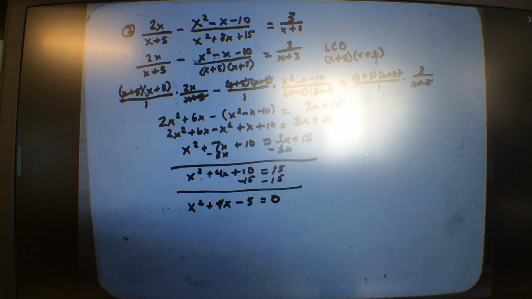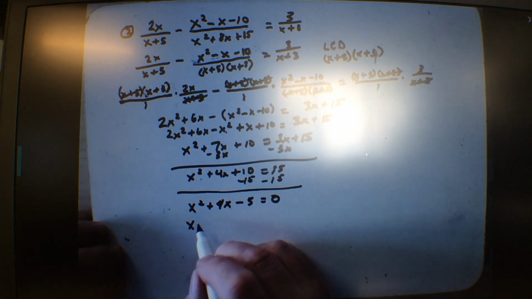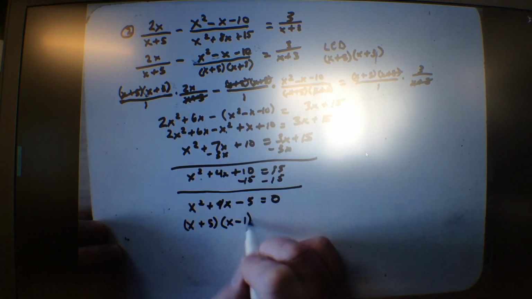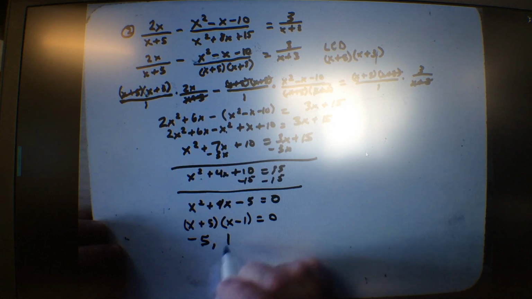And I want to try to factor this. Now you told me at the beginning, or no, I guess I didn't ask on this one, what are the two values you cannot use? Negative 5 and a negative 3. Okay, so let's factor this. So it should be x plus 5 times x minus 1 equals 0. So my two possible answers are negative 5 and 1.